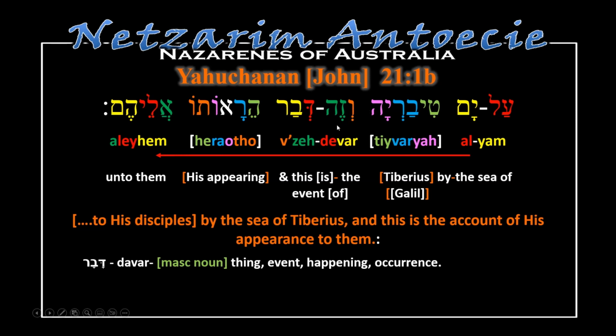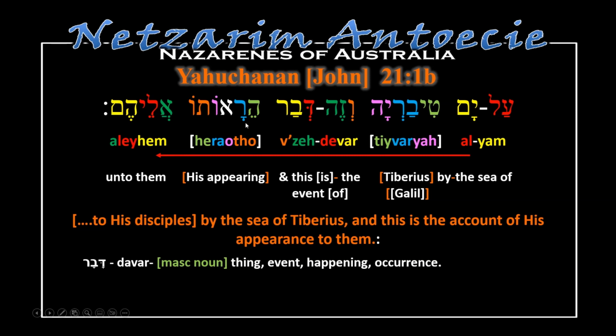Ve, and this, and I've added is, devar, the event of. So the event. If we look down here, davar, as a masculine noun, it can mean thing, it can mean event, it can be happening, it can mean occurrence, but of course it can mean also word.